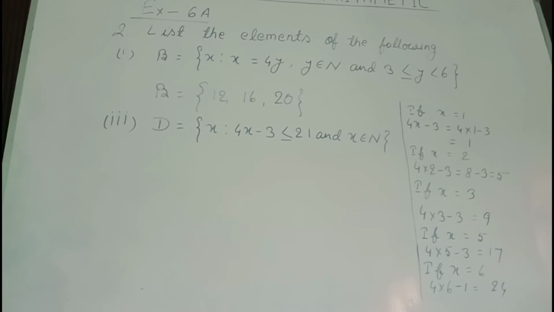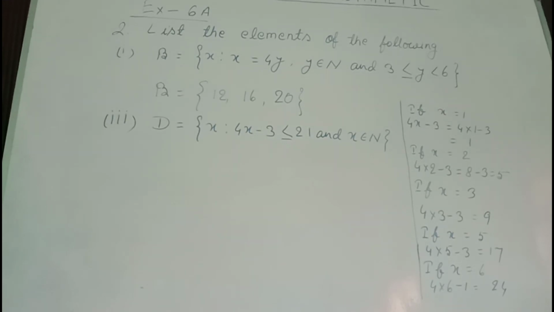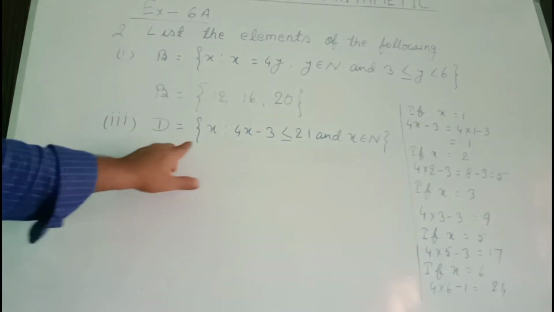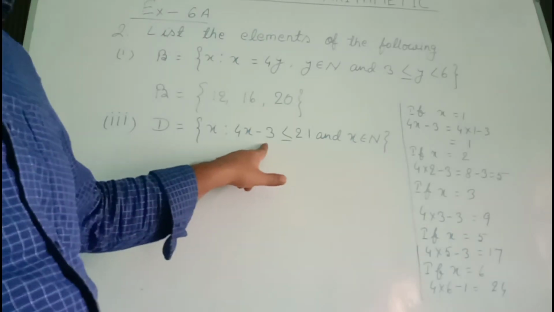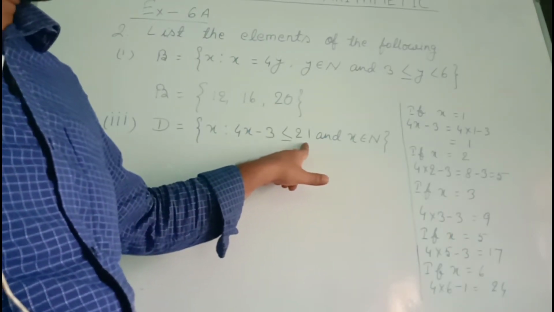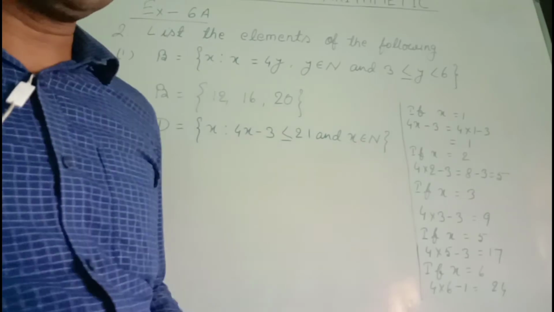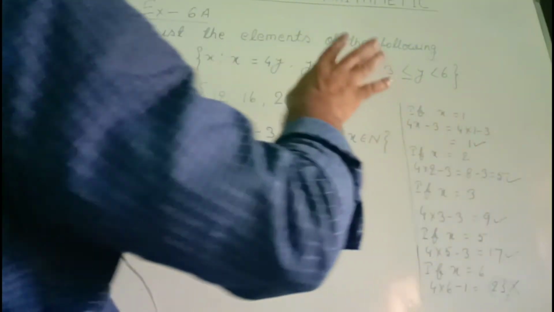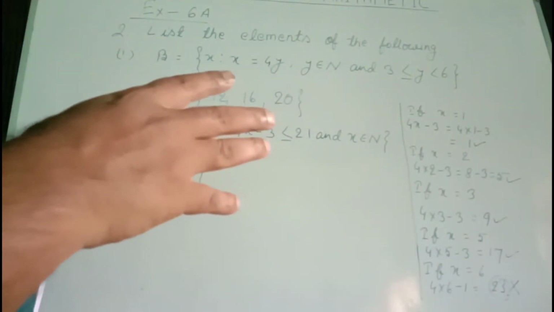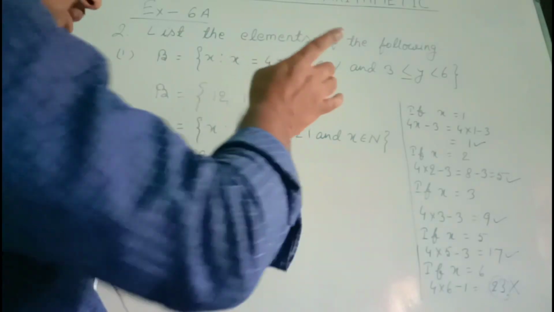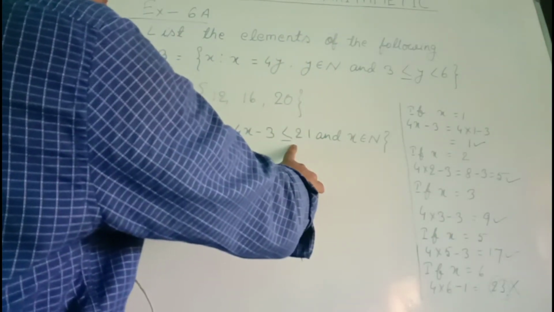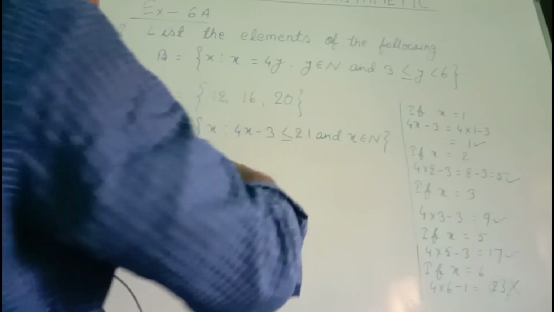In question number 2, Roman number 3, the set builder form of set D is x such that 4x minus 3 is smaller than or equal to 21 and x belongs to natural numbers. We keep such values of x in this equation to get values smaller than or equal to 21.